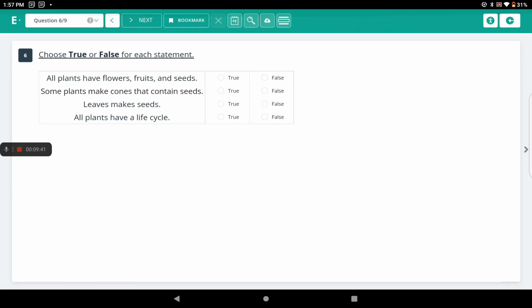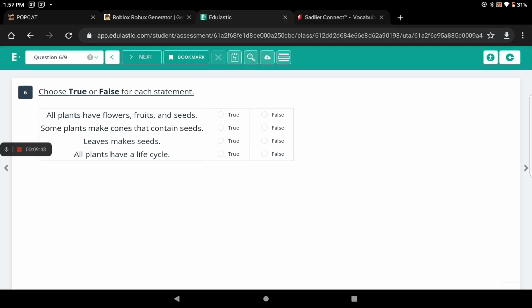All plants have flowers, fruit, and seeds. True or false? Make your choice.